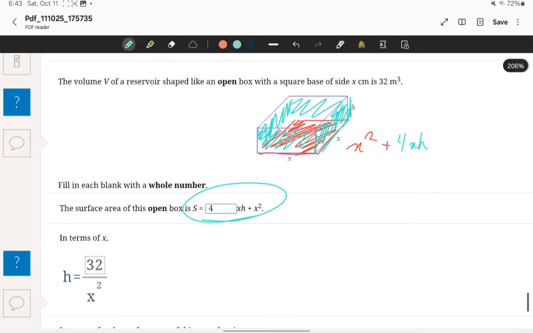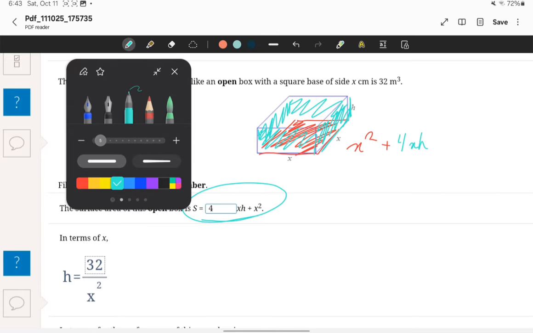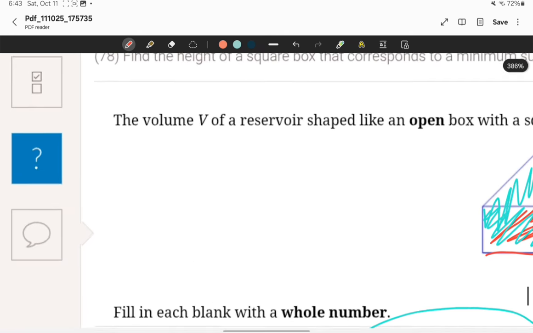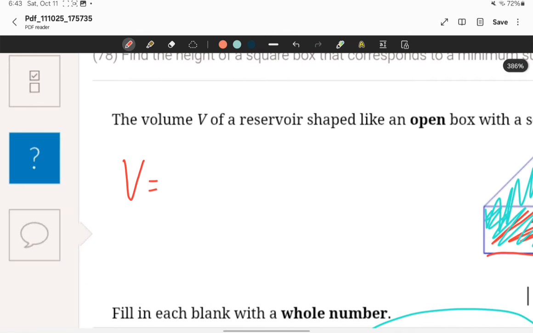Okay, in terms of x, the height is what? Remember, like the other questions where we wanted to find our height, we have the volume equation, right? The volume is the base times the height. Our base here is x times x, right?